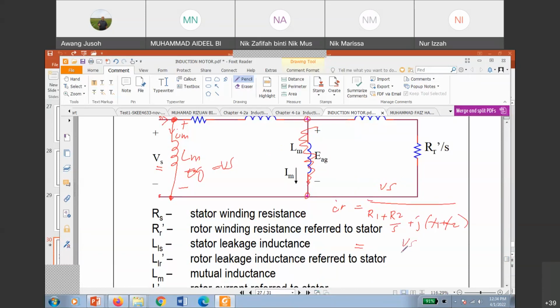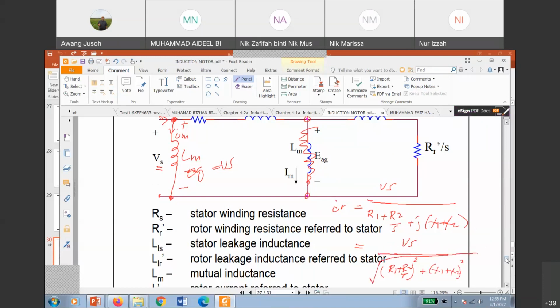Or you can write it like that: VS divided by the square root of R1 plus R2 over S squared, plus X1 plus X2 squared. This I call the complex number.